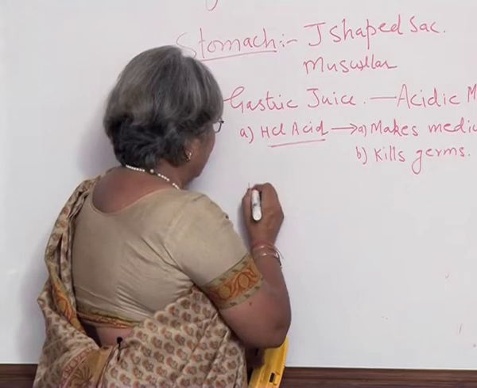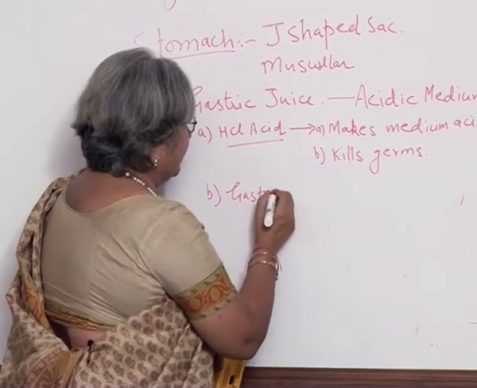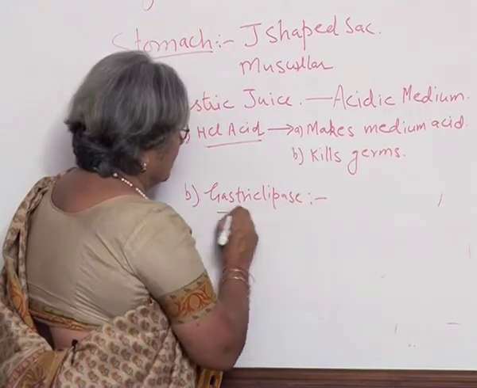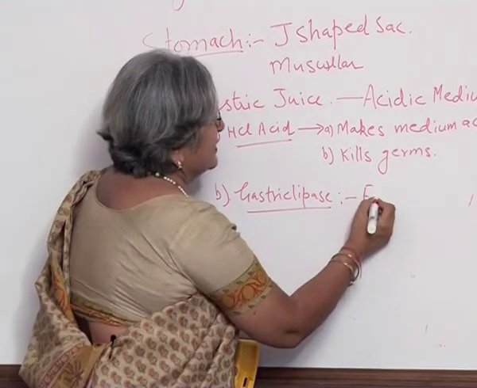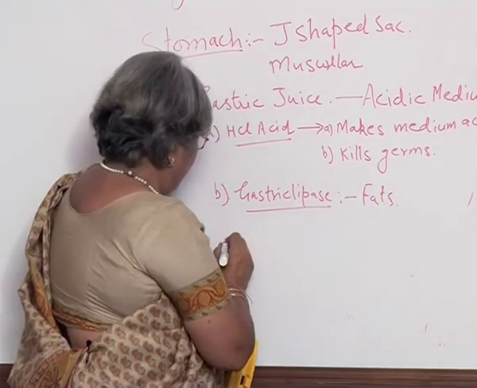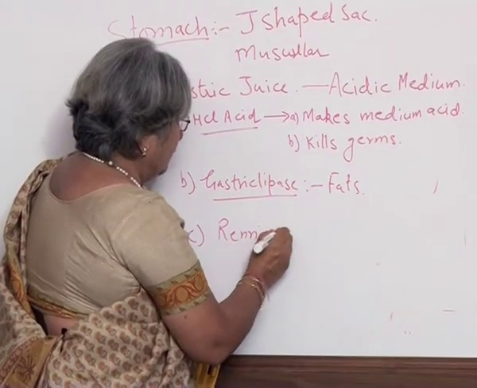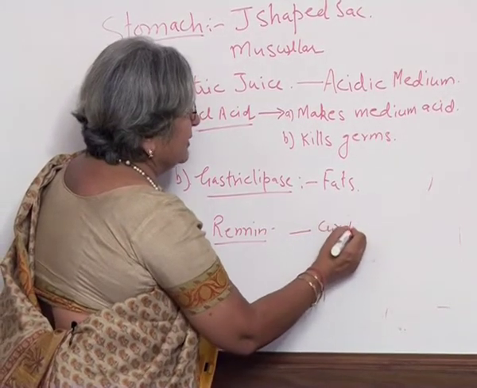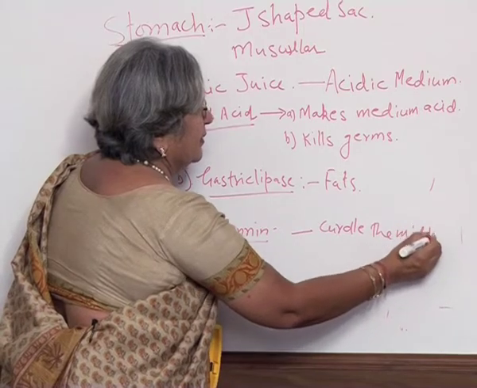The second thing that is produced is gastric lipase. But this also is more active only in children, and it acts on fats. Third is renin. This is also only in children, and it helps to curdle the milk.